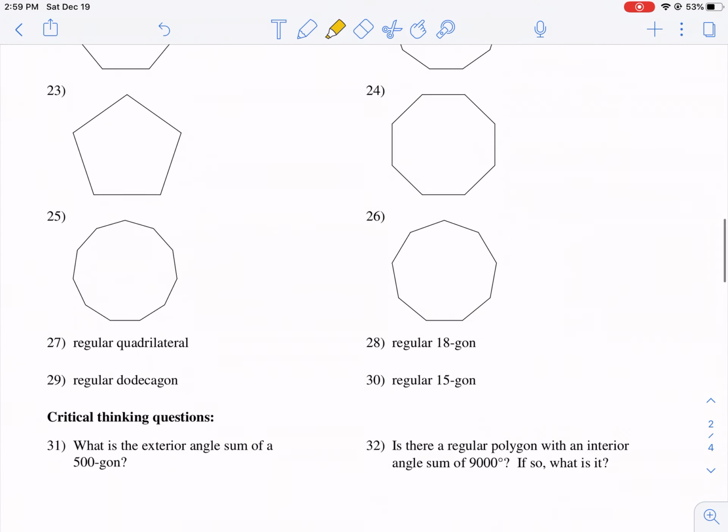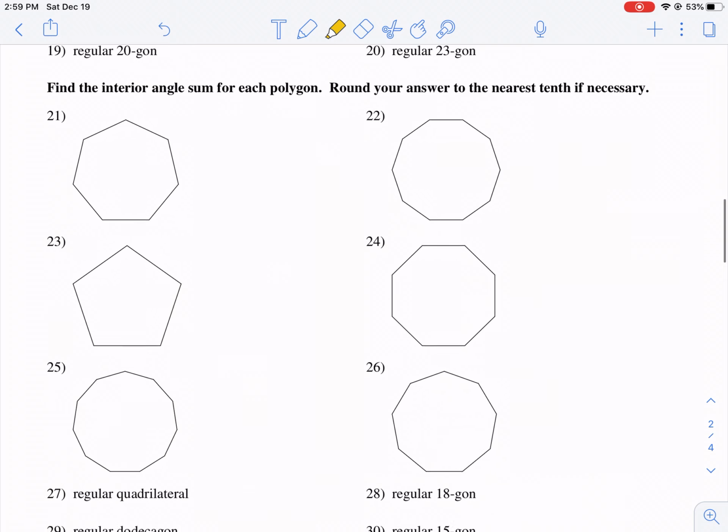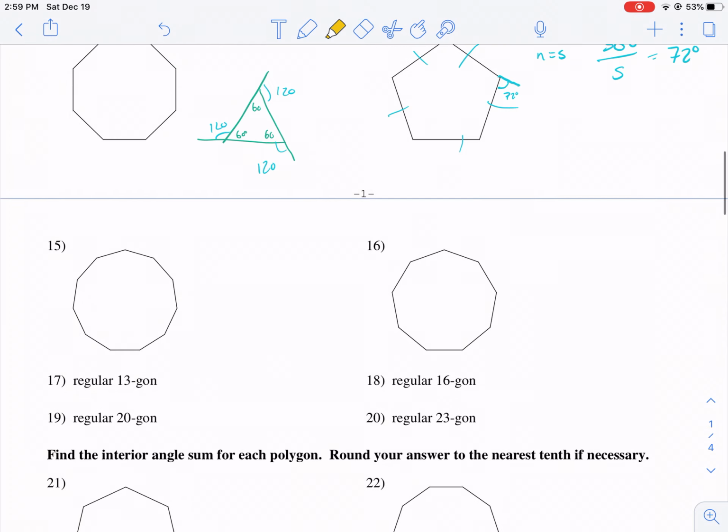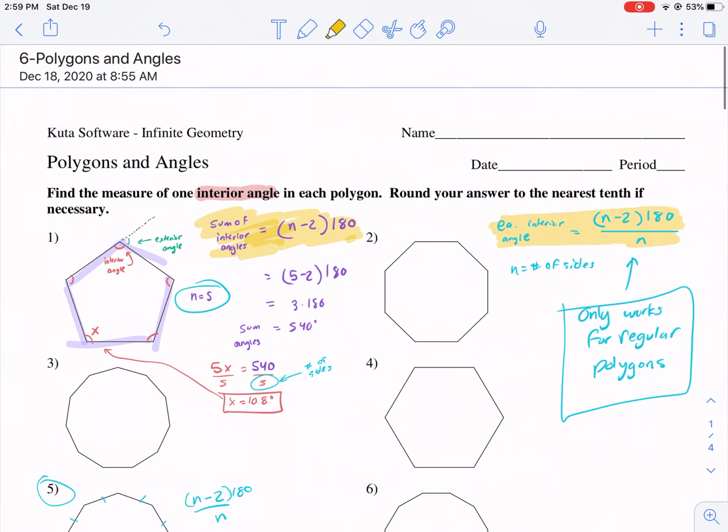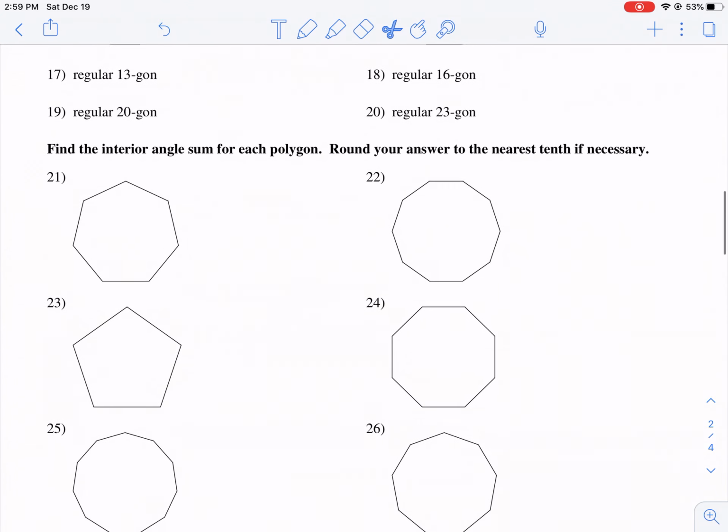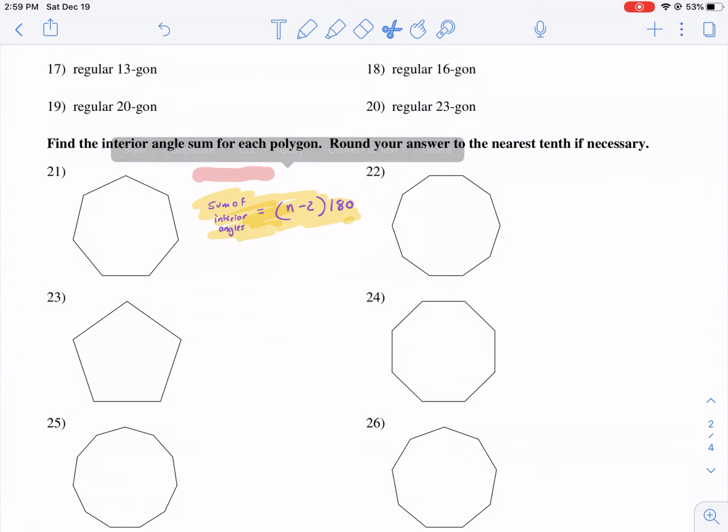Last section, besides the critical thinking ones: find the interior angle sum for each polygon. This is the first formula I talked about, so I'm going to copy paste it. We're just going to use the sum for each one of these.